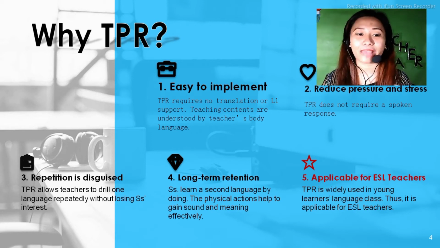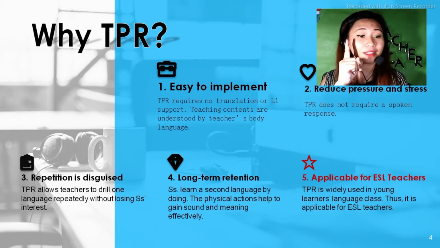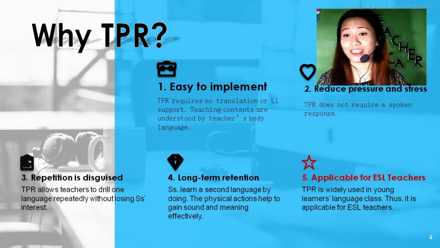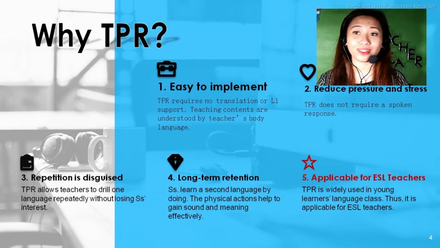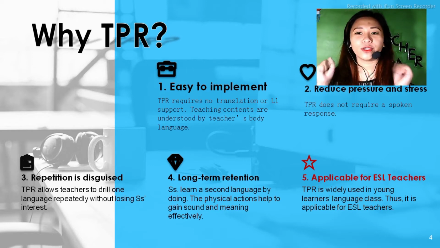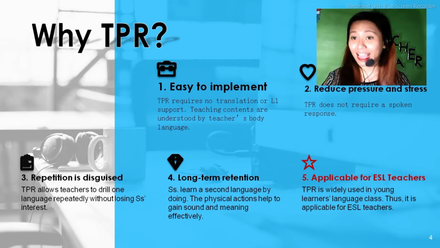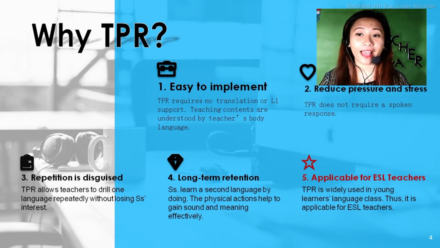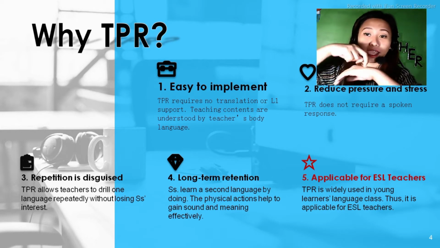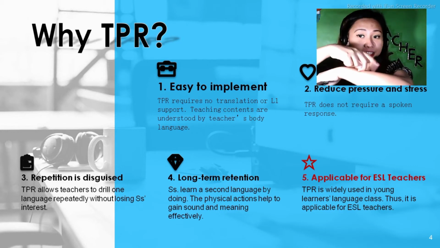At the same time, repetition is disguised. TPR allows teachers to drill language repeatedly, so we will not lose your students' interest. For example, you're telling your student about verbal actions, like walking. This is a TPR.